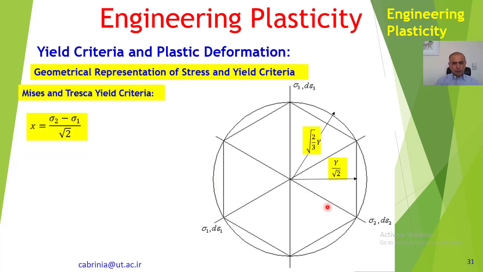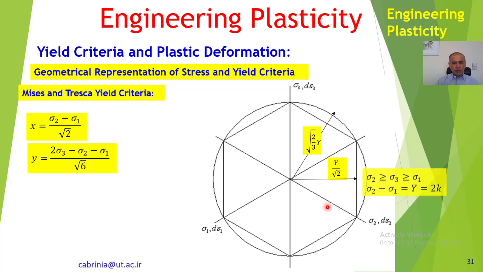And we derived the value for the Tresca yield criteria for this zone, in which, if you look here, we have sigma 1, which is negative, and we have sigma 2 and sigma 3. Here we say that sigma 2 is greater than sigma 3, greater than sigma 1. So the biggest value and the smallest value could be positive or negative, obviously.